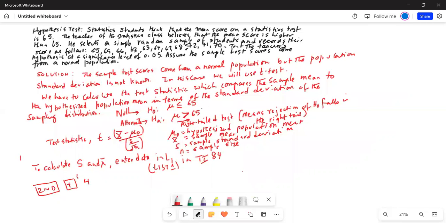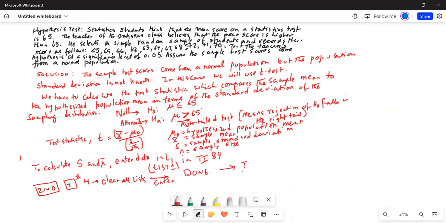Then we will select number 4, clear all list. And then we hit enter, and we get done in the calculator.